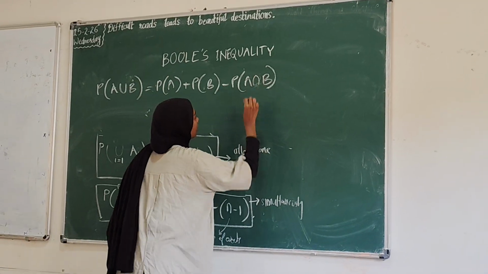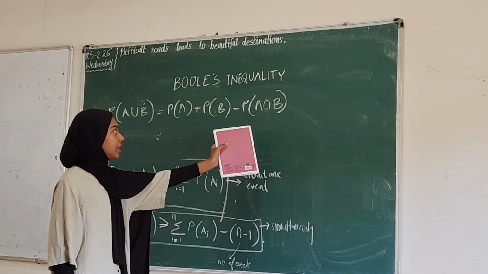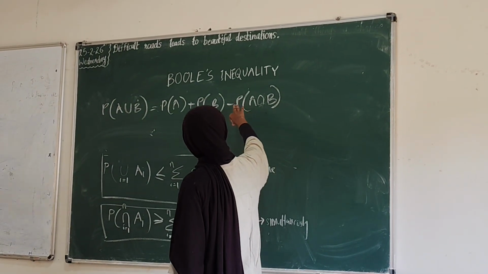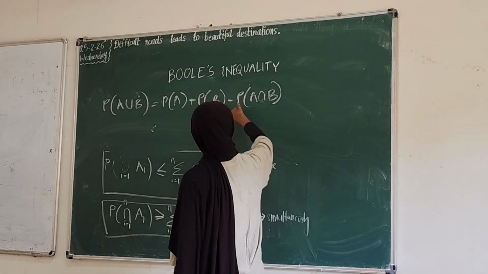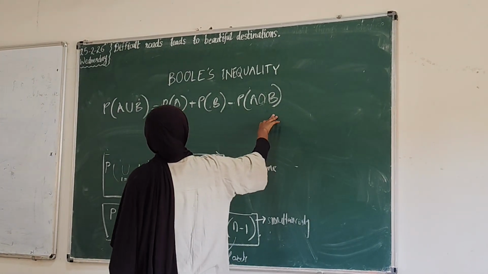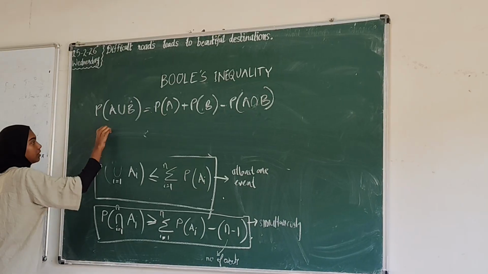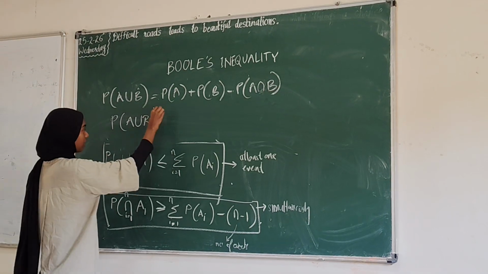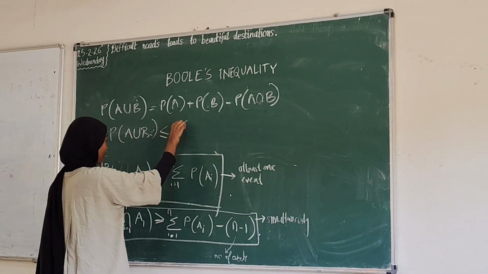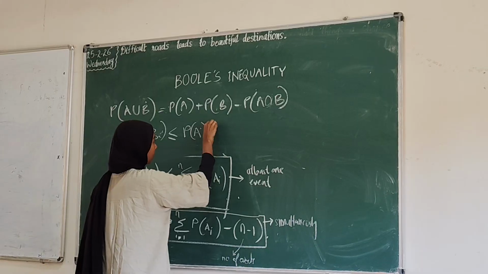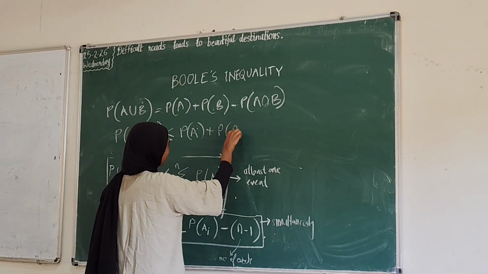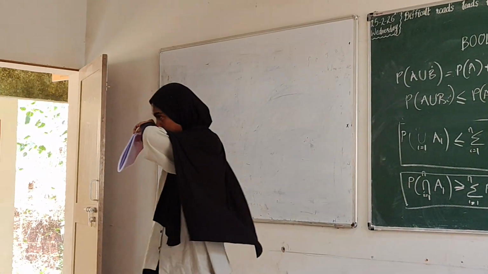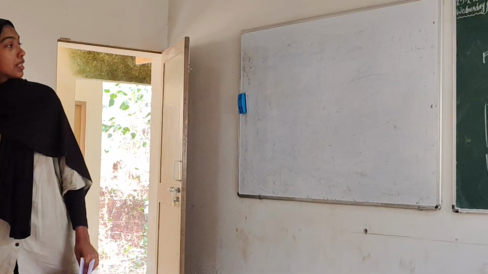Probability can never be negative. It can either be positive or zero, right? So if you are subtracting a non-negative term like this from the equation, obviously we can write it as P of A union B is less than or equal to P of A plus P of B. Actually, it has a very long proof, so it has been removed from our syllabus and we are not discussing that.